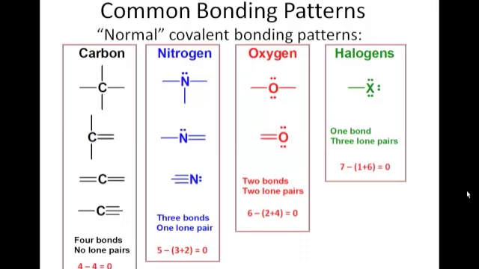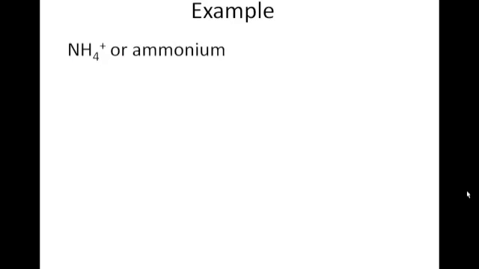For the halogens, remember I have 7 electrons in the valence shell, and the number of electrons that I assign in this particular bonding arrangement is going to be 1 for one bond plus 6 for the lone pairs of electrons. The 3 lone pairs is 6 electrons, for an overall 0 formal charge.